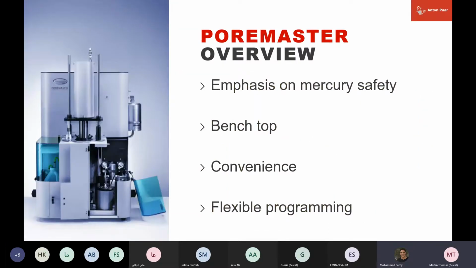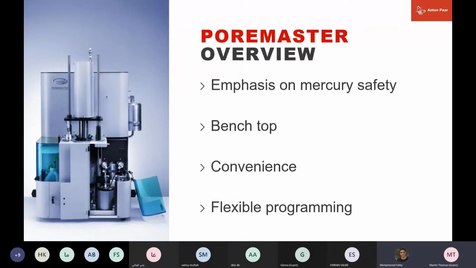And so now I want to draw attention to the instrument itself, the Poremaster, and just to go over some of the features. So there is a very strong emphasis on mercury safety above all else, more important than the results, basically. And I'll go over some of the details of that.